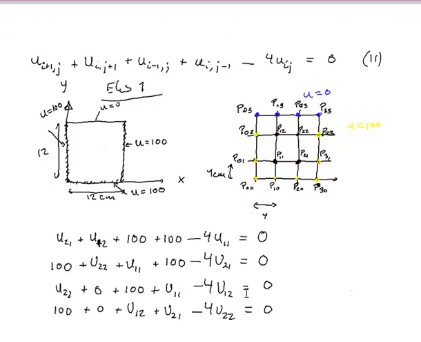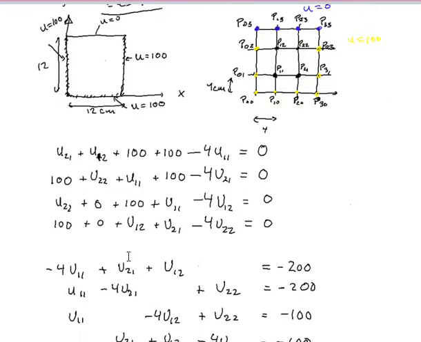Observe that these are 4 equations with 4 unknown variables, and therefore we can solve this system.